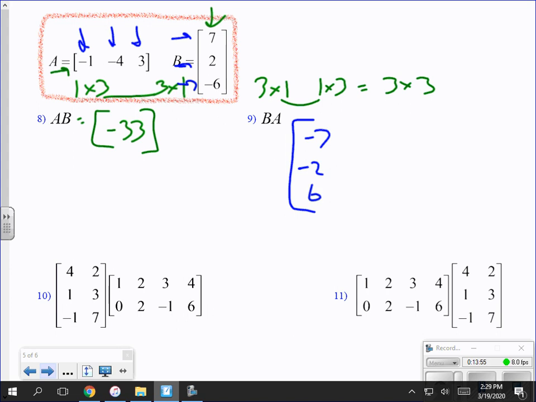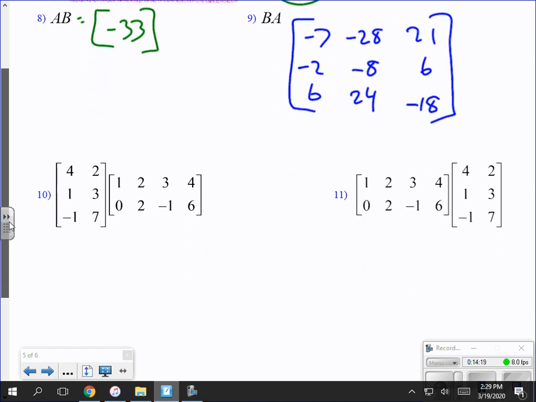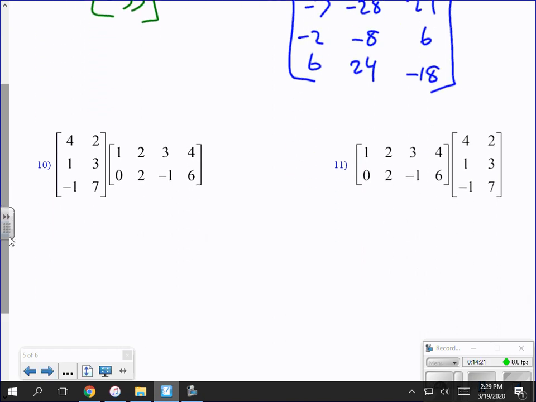Then for this next row, I do all of these times -4, -28, -8, and +24. And then I do all of these times this one here times 3. So I get 21, 6, and -18. Any questions? No? Good. Okay, let's move on.